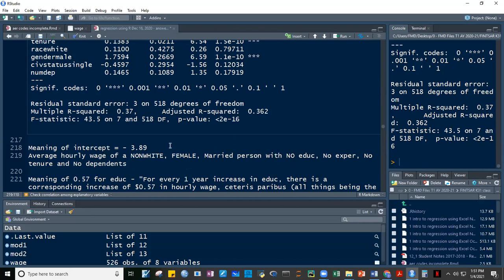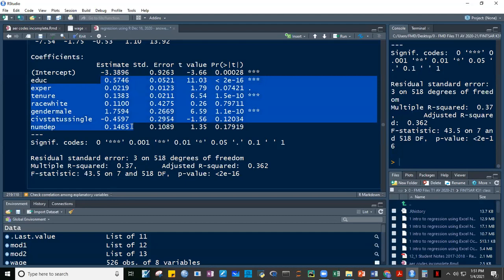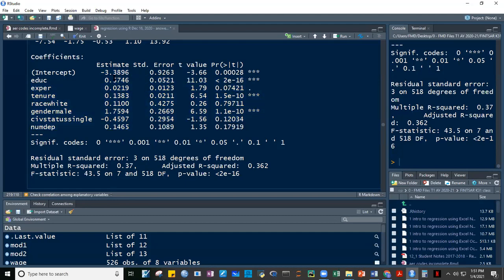How did this happen? How did I say non-white female married person? What this means, guys, this intercept is the average hourly wage if all of these are 0. So no education, no years of experience, no years of tenure.